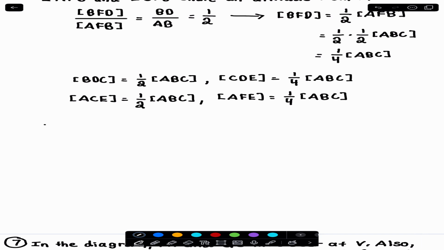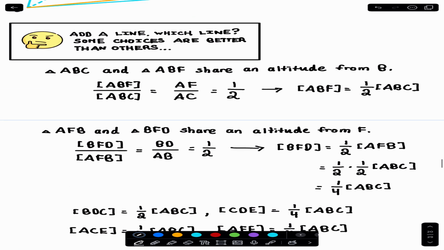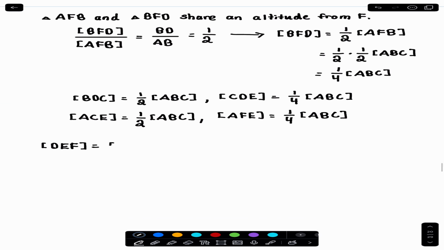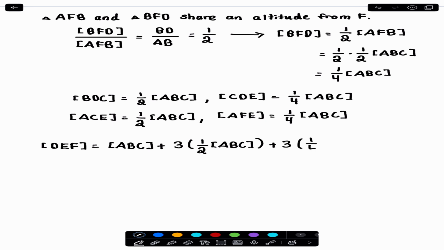This means triangle DEF, the big one, is equal to the original triangle plus 3 copies of half ABC, and 3 copies of 1/4 ABC.